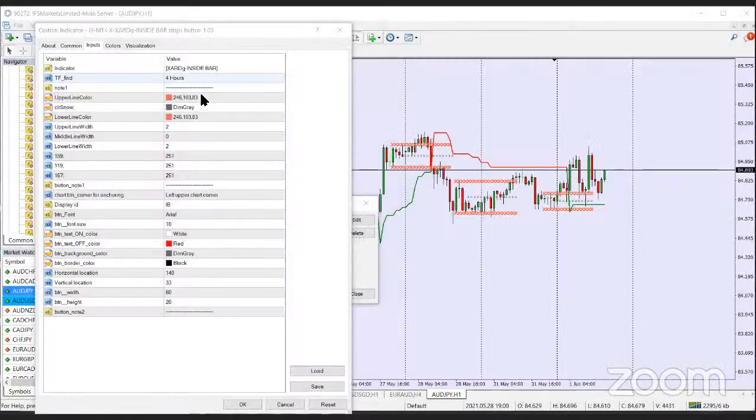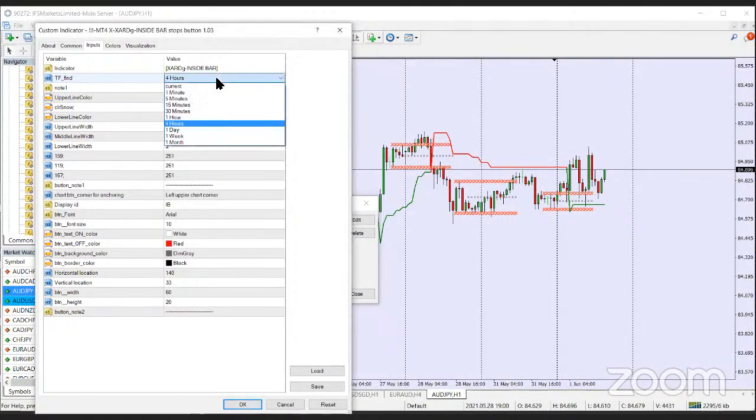The colors and all this you can set on your own. This is the only thing that you need to set. Most of the time I set it as 4 hours, which should be the default setting, because I'm basing the inside bars on the 4-hour time frame. But if you want to test the lower time frame inside bar, by all means go ahead.